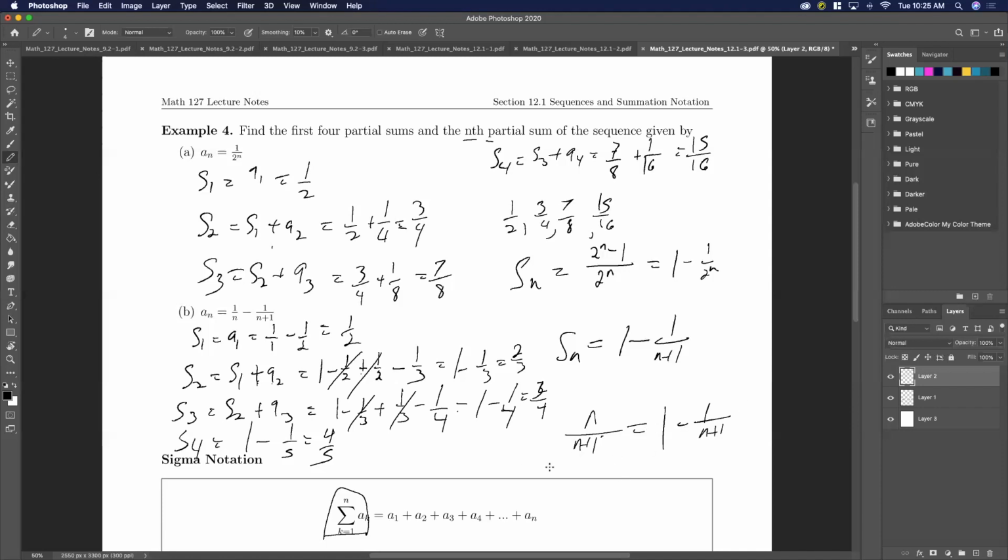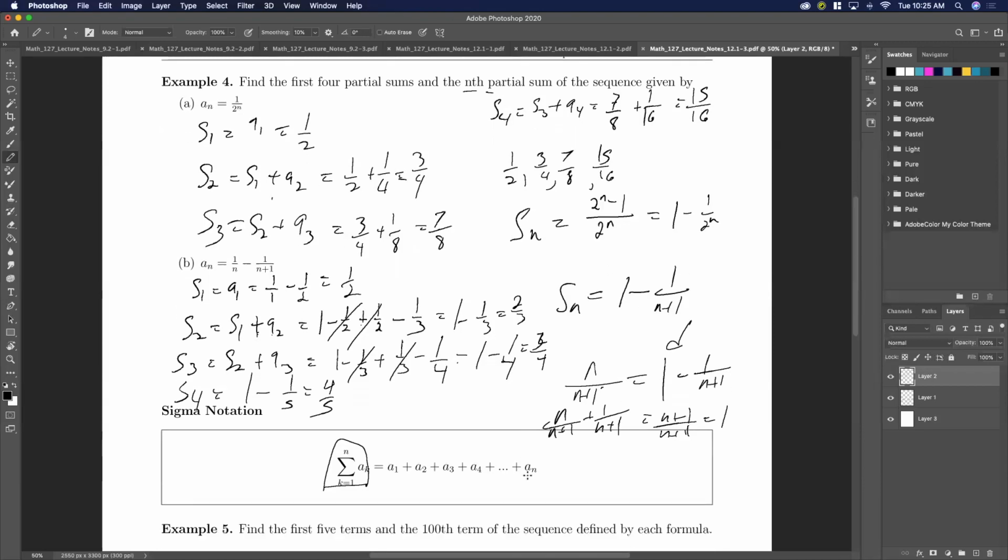Here, I'll just show it real quick. Adding the 1 over n plus 1, if I add these two up, I get n plus 1 over n plus 1, which is equal to 1, right? They may not look the same, but they really are.